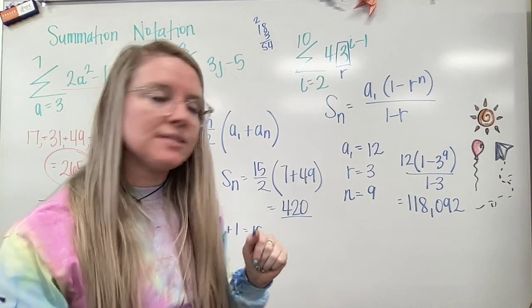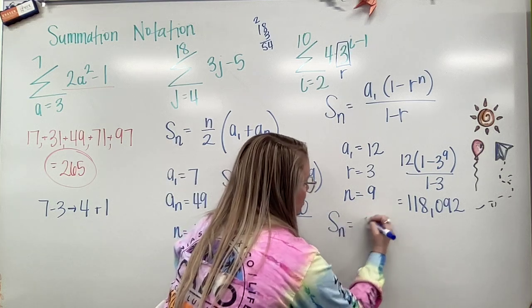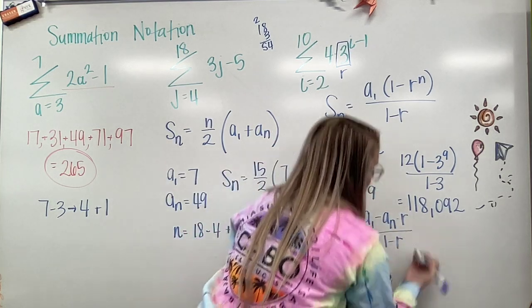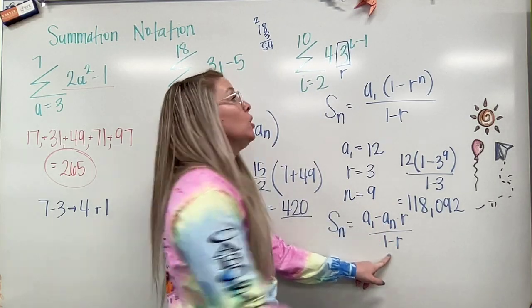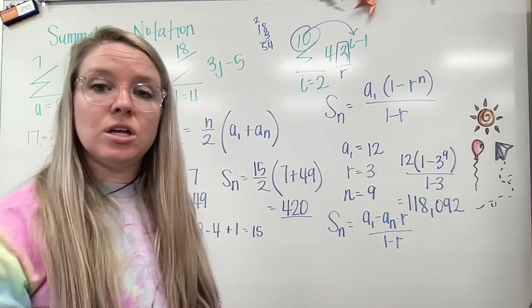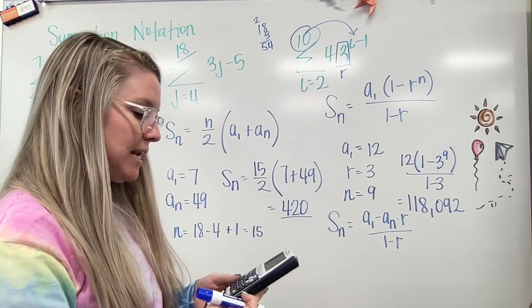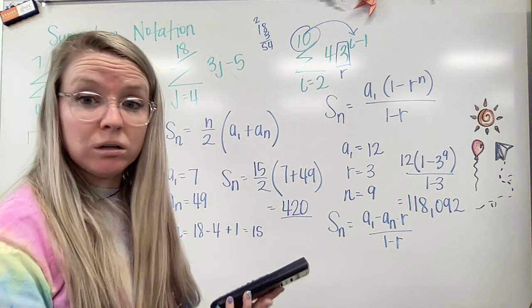Let's use that second equation just so we know how that works. This one was a sub 1 minus a sub n times r, over 1 minus r. Here I need my final term, which means I have to plug in 10. 10 minus 1 is 9. 3 to the 9th is 19,683, times 4.